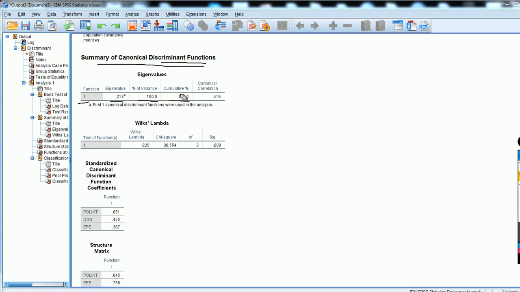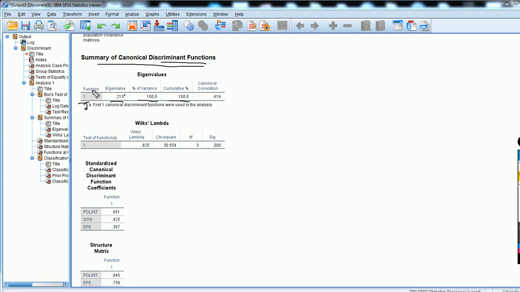If we had more than a single discriminant function, we would have function 1, function 2, and so on. Each of them would have an eigenvalue and a percentage of variance associated with them, and the percentage of variance accounted for would be descending in amount, and then the cumulative percentage would sum up to 100%.